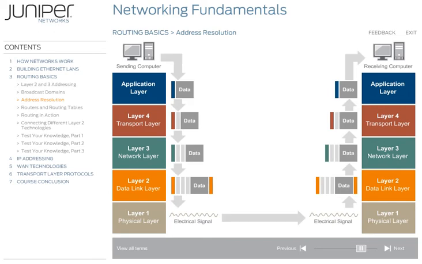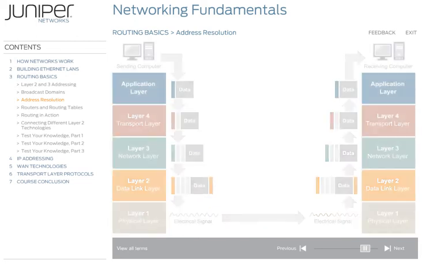If we look at the model again, you can see that even though the sending device might know the destination device's Layer 3 address, the two devices must first communicate using Layer 2 addresses, since it is the last header and address information the sending computer adds, and the first header and address the receiving computer encounters when the data flows back up the stack.